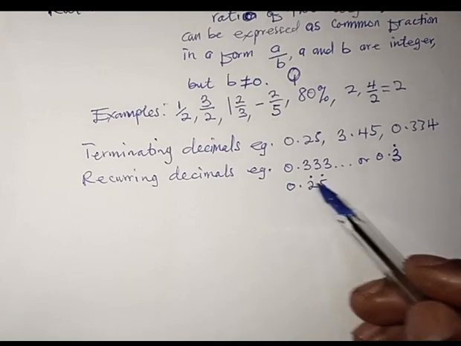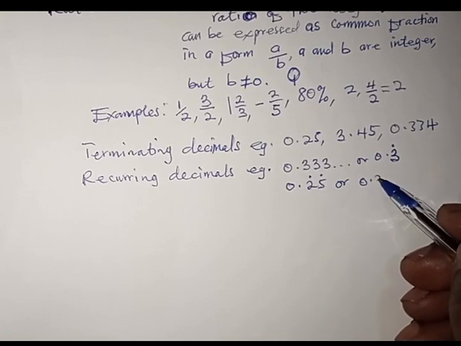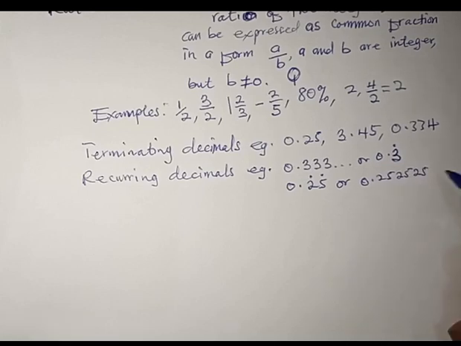Earlier, only the 3 was repeating. So I can write it as 0.2525 with three dots, indicating that I can repeat the 2, 5 severally and it will never end. Have you gotten that? Good. So all these are examples of rational numbers.